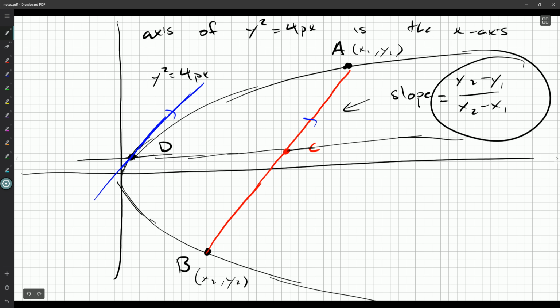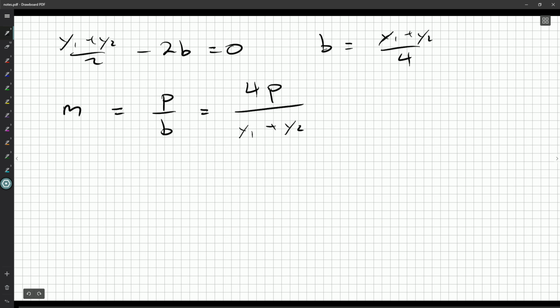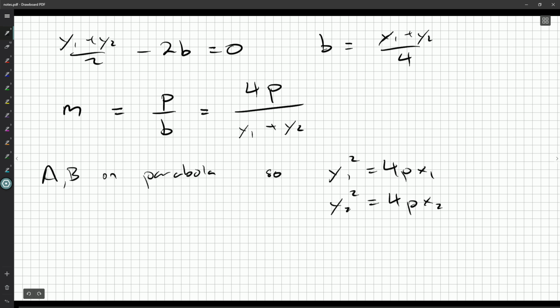We actually haven't used the fact that A and B are on the parabola. A and B are on the parabola. So y1 squared is 4p x1. y2 squared is 4p x2. So there's 4p for both of them.